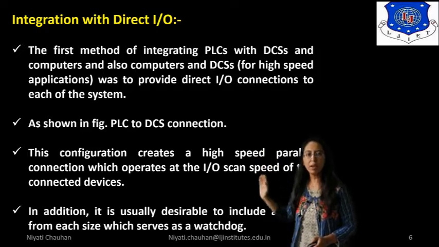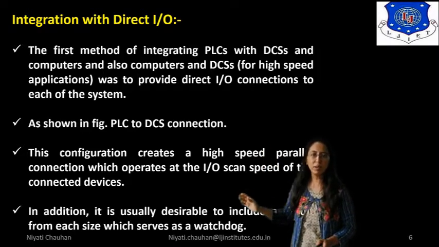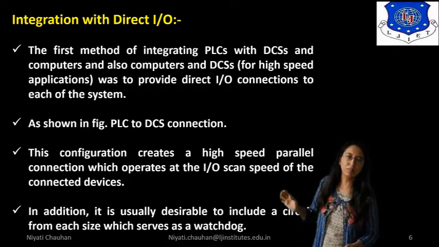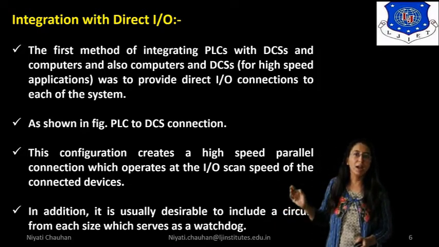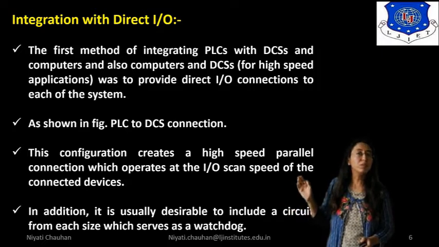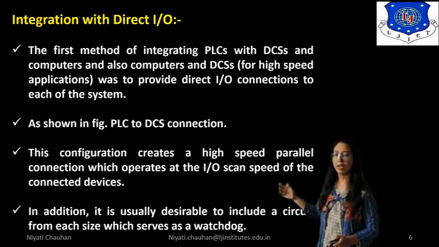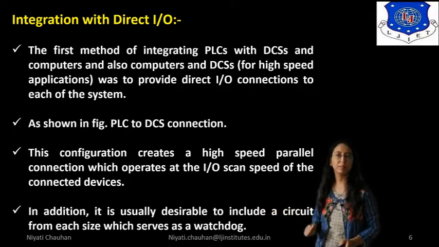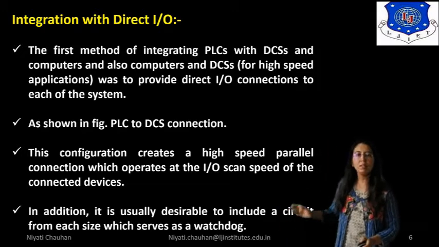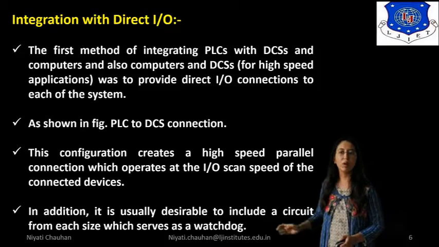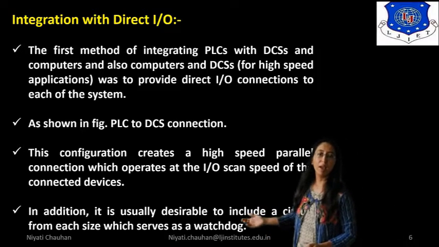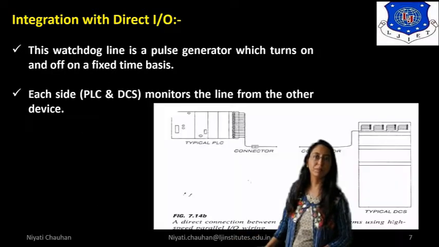This configuration creates a high-speed parallel connection which operates at the input-output scan speed of the connected device. In addition, it is actually desirable to include a circuit from each side which serves as a watchdog.